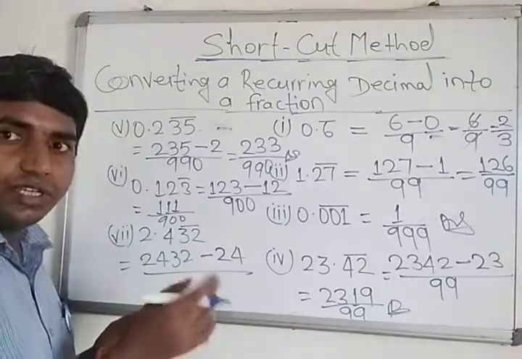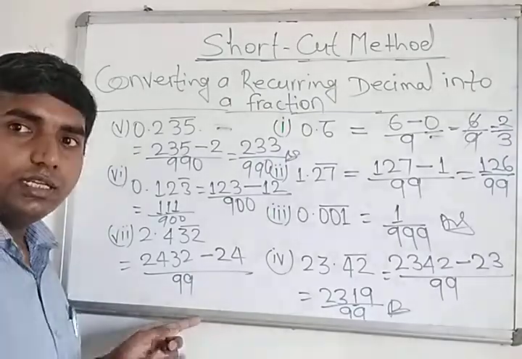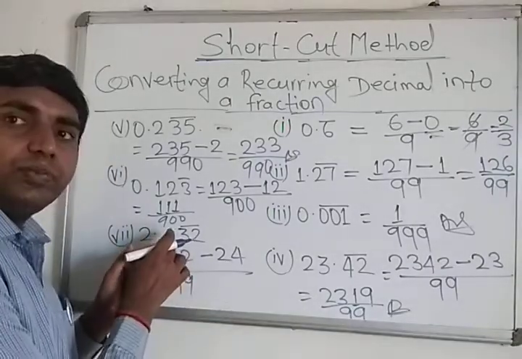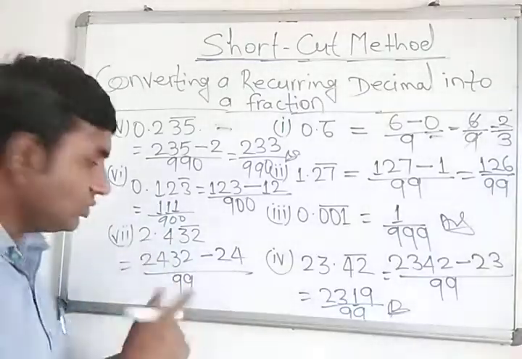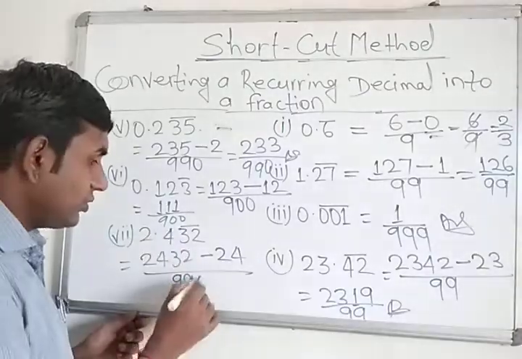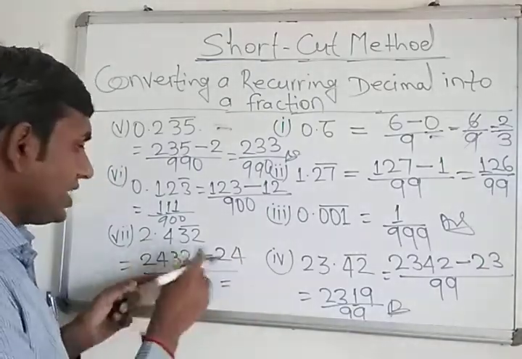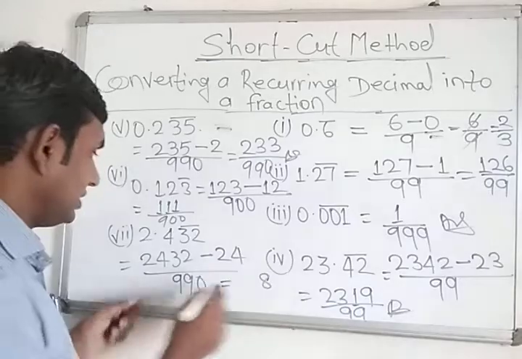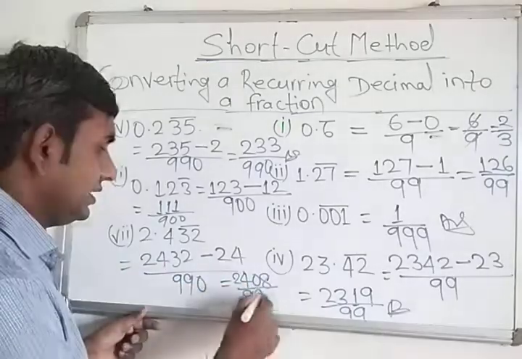Here 3 and 2 are recurring, so we have 2 digits, so we write double 9, 99. Then we have 4 which is non-recurring after the decimal, so we write 0 in its place. After subtracting, we have 2432 minus 24 equals 2408, so 2408 by 990.